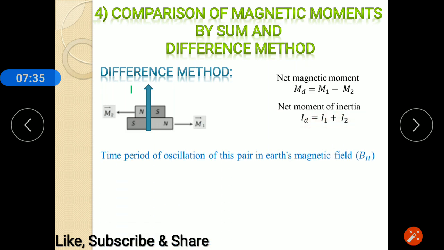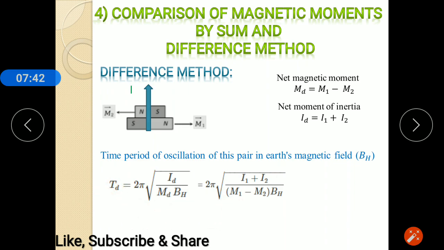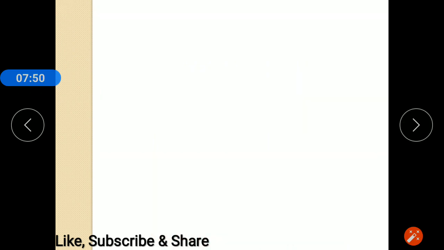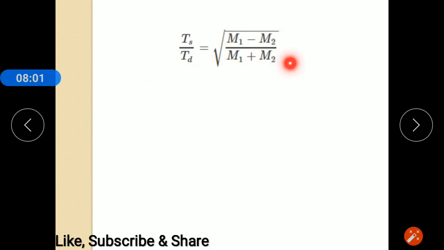Now what is the time period of oscillation? Put the values of Id and Md in this equation, and we get its time period of oscillation. And frequency is 1 upon this time period; just put the values and we get its frequency. Next, take the ratio of the time period in the sum method and the time period in the difference method. This is the equation: we get square root of (m1 minus m2) upon (m1 plus m2), other quantities get cancelled.